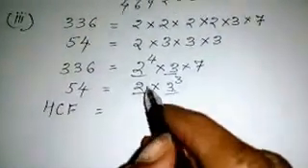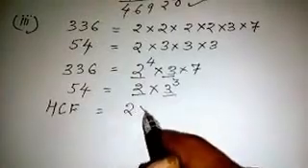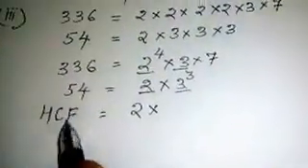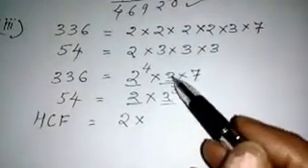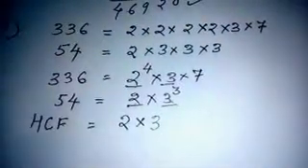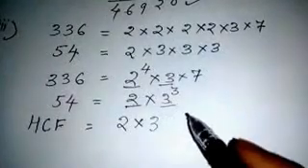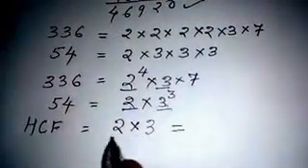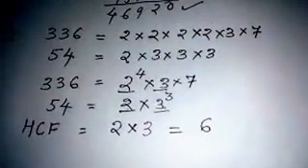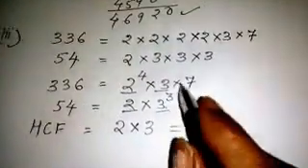So this will be 2. Highest common factor we are calculating, so select the least exponent of the common factor. So this will be 3. And that's all, only the common factors are to be selected. So the product of these two is 6. So 6 is the HCF of these two numbers.